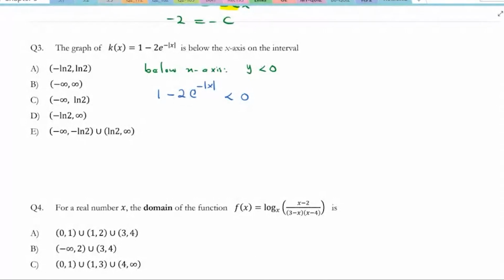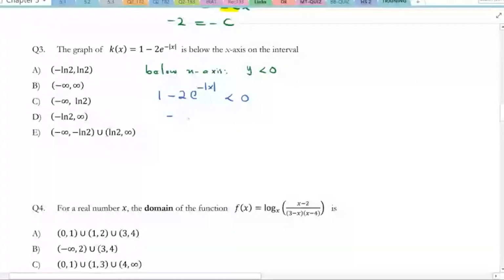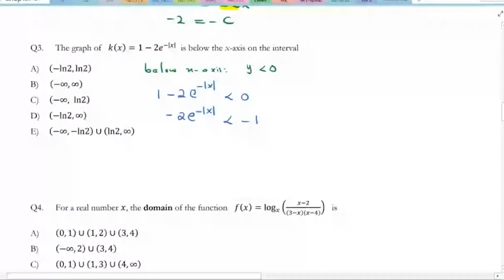Now, let's say minus 2 multiplied by e to the power of minus absolute value of x is less than minus 1. We can divide both sides by minus 2.